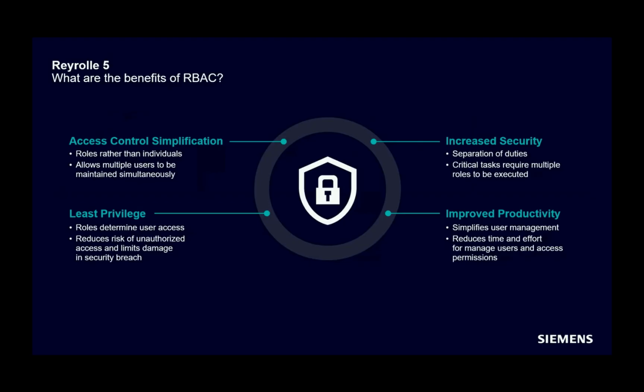Users are assigned roles that determine their level of access. For example, a user is not assigned permission to change a setting. He would be assigned the role of engineer, as the engineer role has permissions to change settings. This makes it easier for administrators to assign and revoke permissions for multiple users simultaneously.